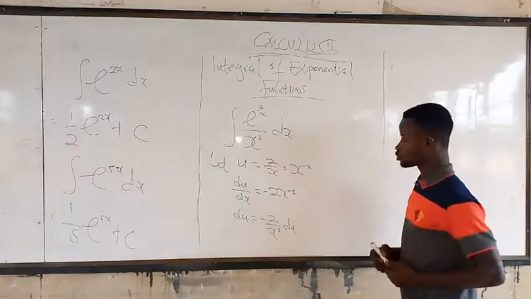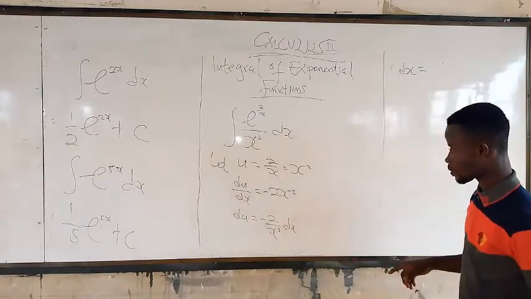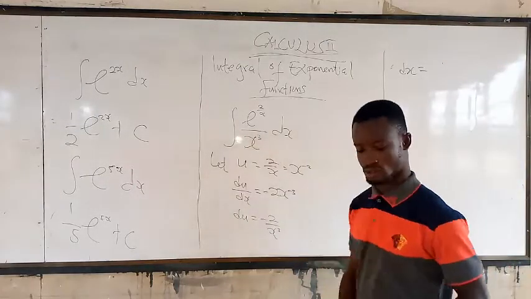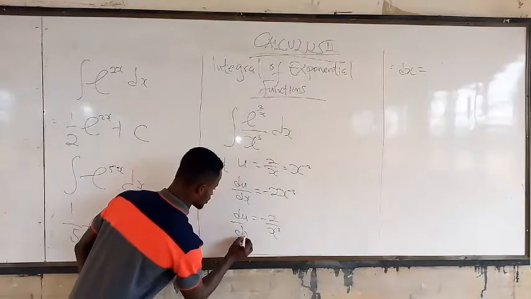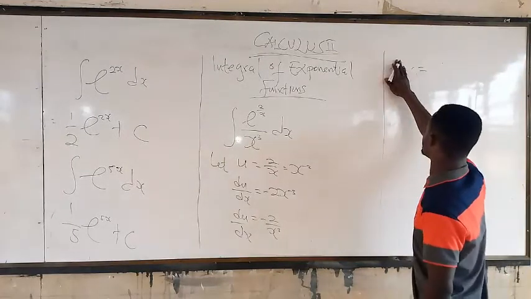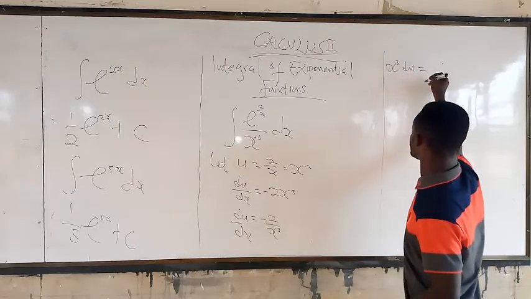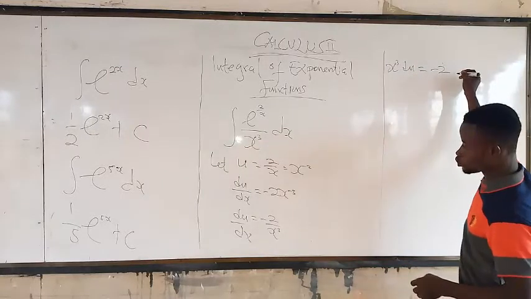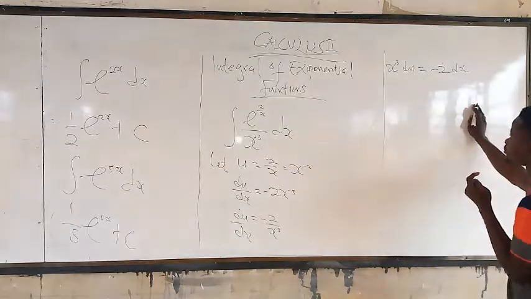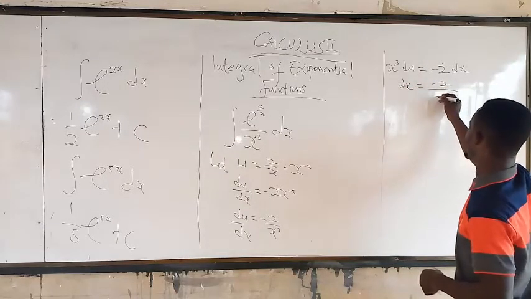So when we make ds the subject, just by cross multiplication, we are going to get s cube du is equal to negative 2 ds. And now, to make ds the subject, we get ds is equal to s cube du over negative 2.